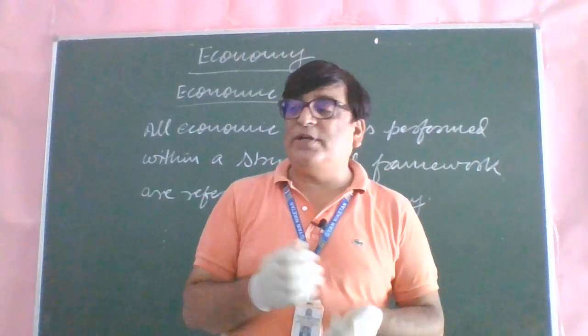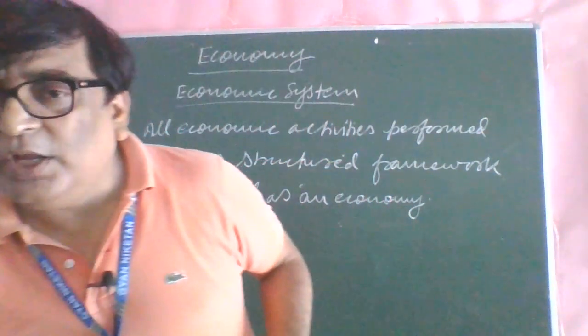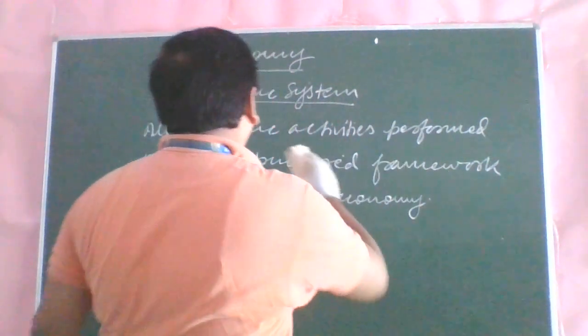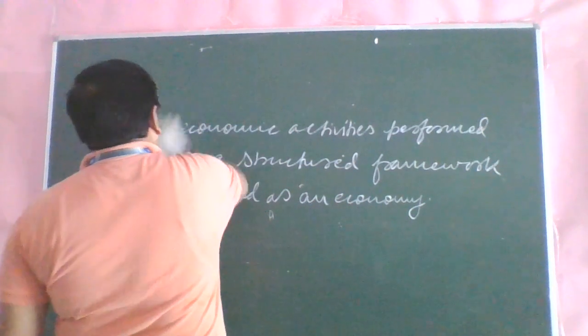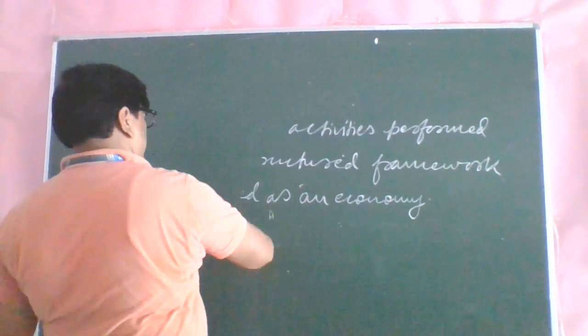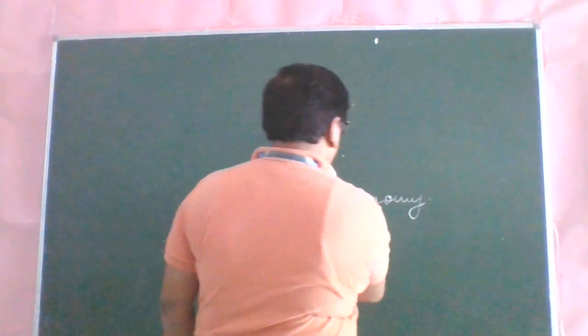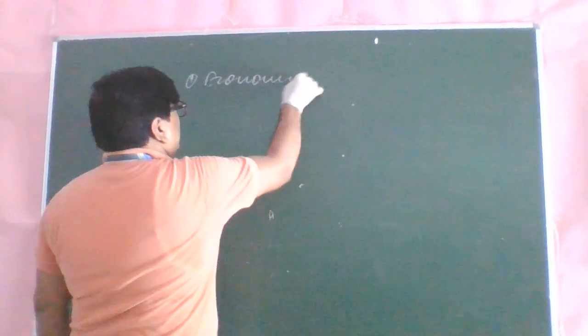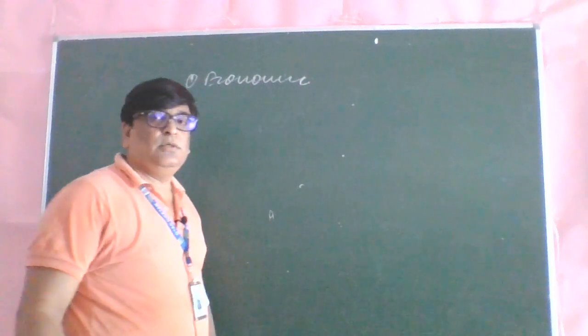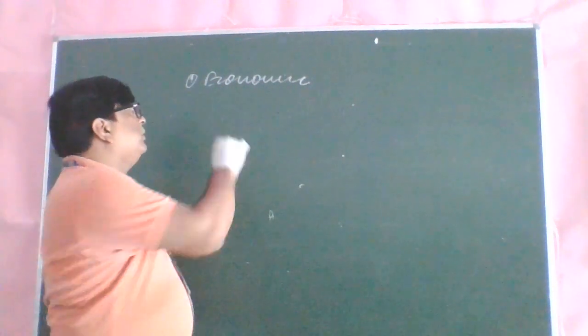Now, there are different types of economy. Actually, this classification of economy is based on different parameters. In class 10, you have discussed this. Economy is classified on different bases. Number one basis is on the basis of economic activities performed.